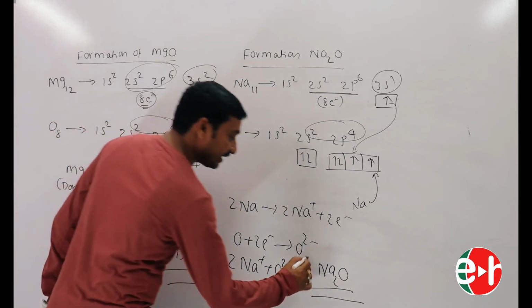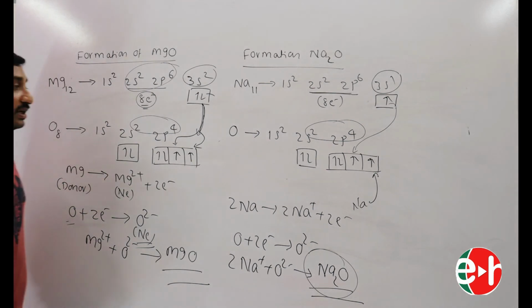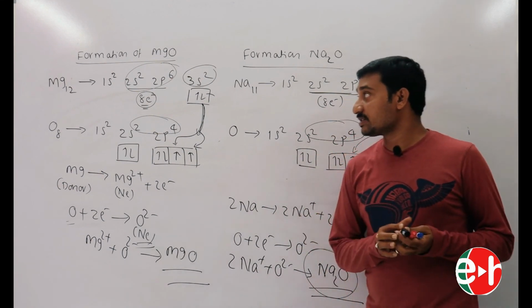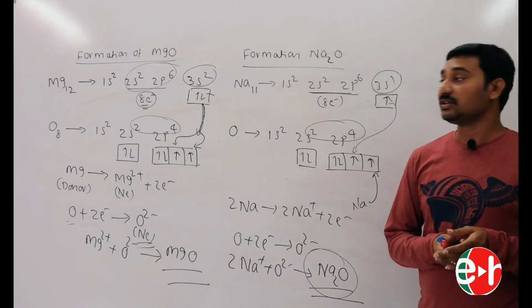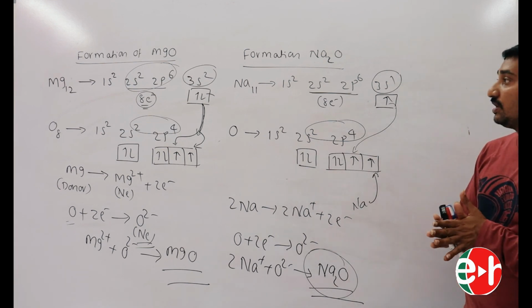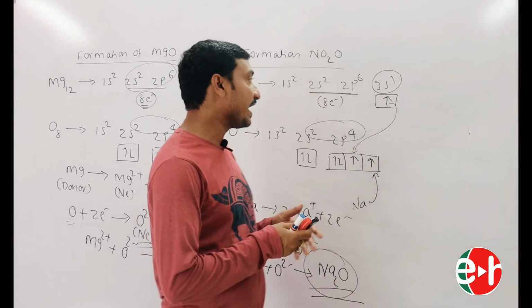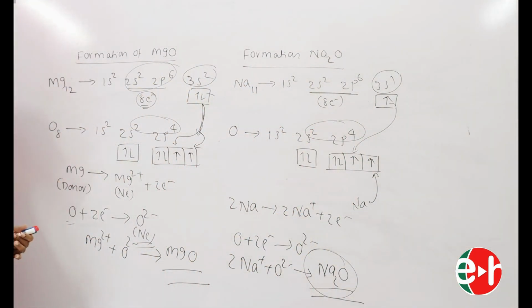So this is an ionic compound. Okay, so in this way ionic bond formation takes place. Generally, an ionic bond means a force of attraction, that is, electrostatic force between two oppositely charged ions. They are the cation and anion. So in the formation of an ionic bond, what happens?